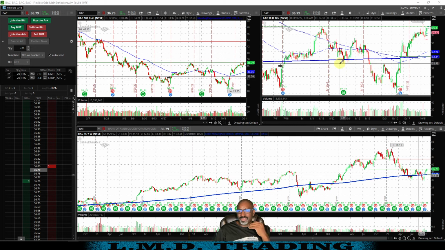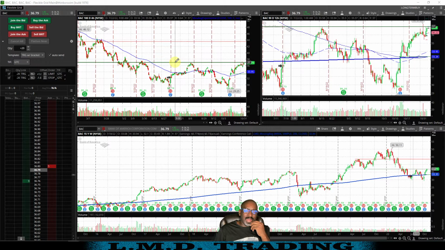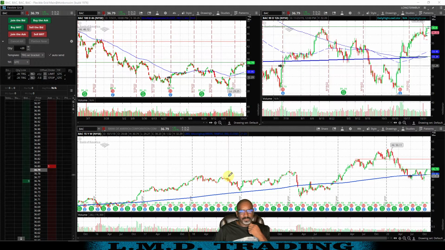I use the 12-hour as opposed to the daily, and I like to use the 4-hour as opposed to the hourly, and I get my long-term bias from the weekly chart. So on this weekly chart, the only line that you see is this thick blue line. This is the 200 moving average, and it's set to the weekly time frame.